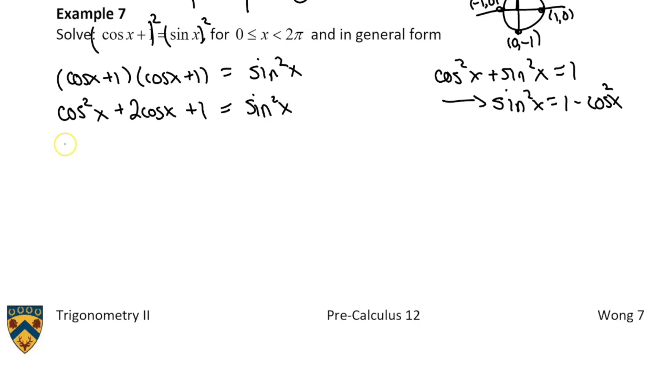And so what I mean by that is we can rewrite this, and then instead of saying sine squared x, we could say it's 1 minus cos squared x.